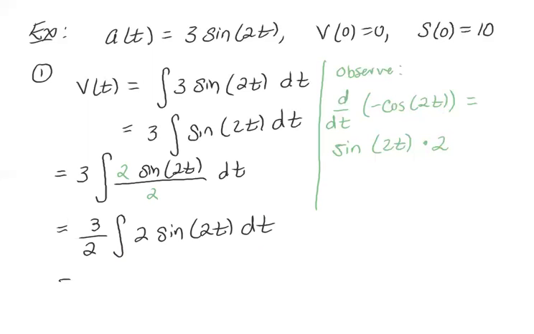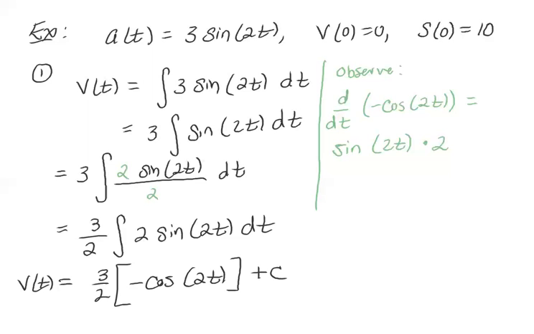This is equal to 3/2 times negative cosine of 2t plus c, of course. This is my velocity. I can simplify that a little bit. I get negative 3/2 cosine of 2t plus c.